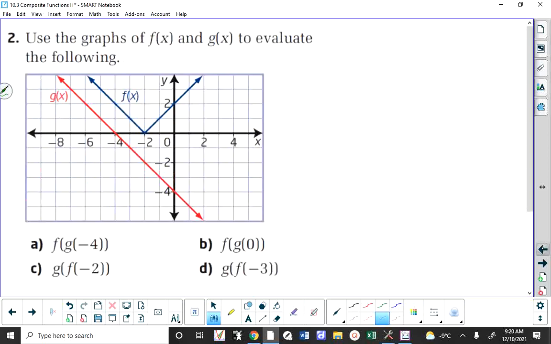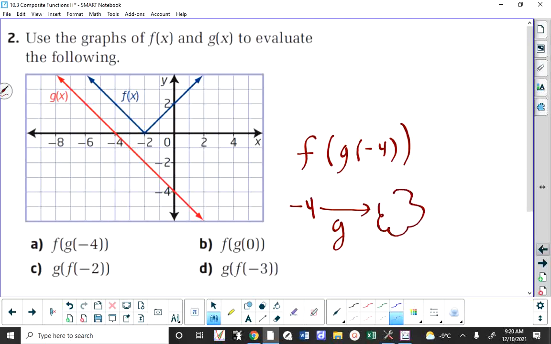On the other hand, if you take a look at something like this, it doesn't matter which one. Let's do A again. f of g of negative 4 means you're going to take negative 4 and feed it through g to get some intermediate result, which you're going to feed through f to get an answer. The only difference here is you're not putting negative 4 in for x in an equation, you're putting it in a graph.